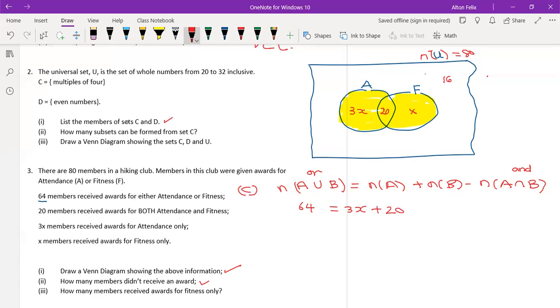The numbers in B, well, let's use the correct letters, seeing that we are working with A and F. So I'm going to erase my B here, and I'm going to put the correct letter as shown in the diagram. So that will be F now.